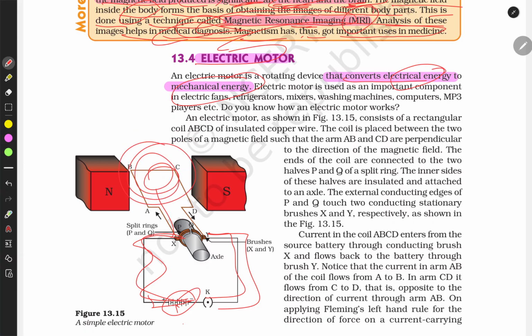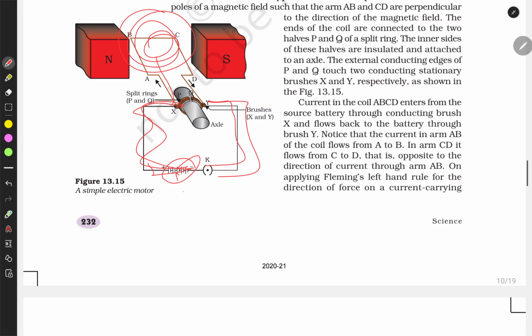This mechanical energy is created. So this is how the electric motor works. We'll not go into the detailed working of that.